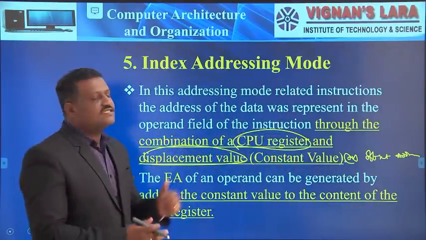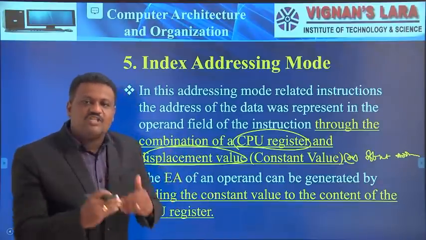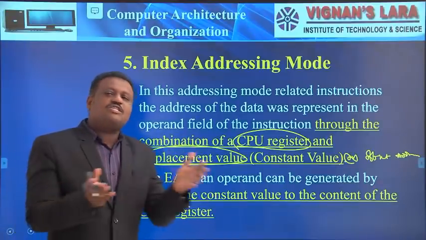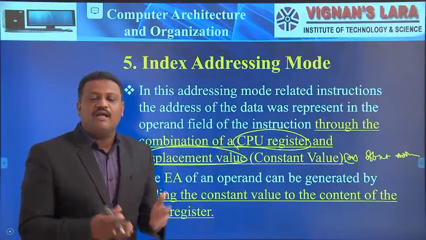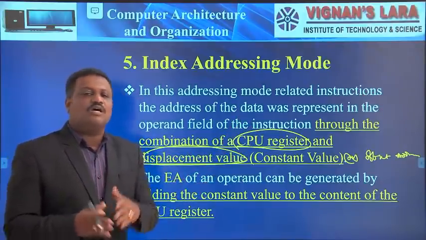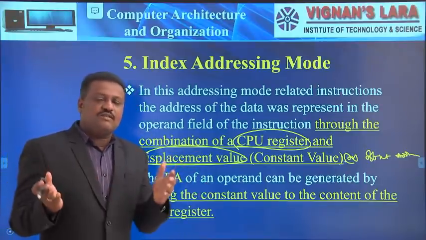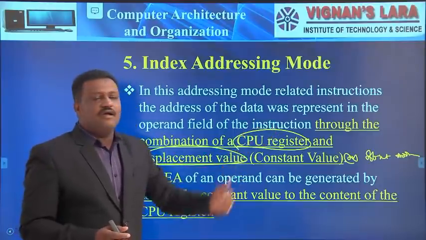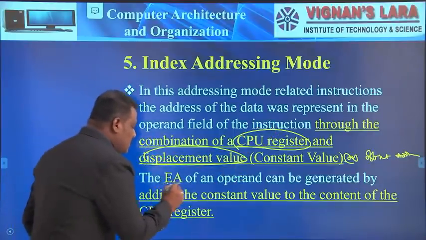I repeat, in this index addressing mode, the address of the data is represented in the instruction operand field through the combination of a CPU register and a displacement, or a CPU register content and a constant value, or a CPU register content and an offset value. Then how do we get the effective address?